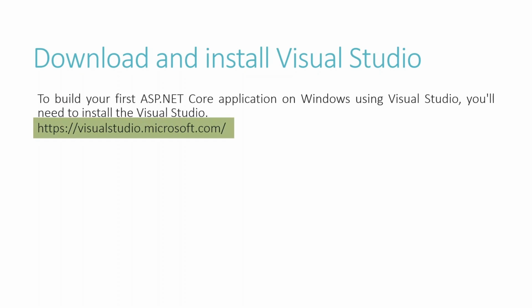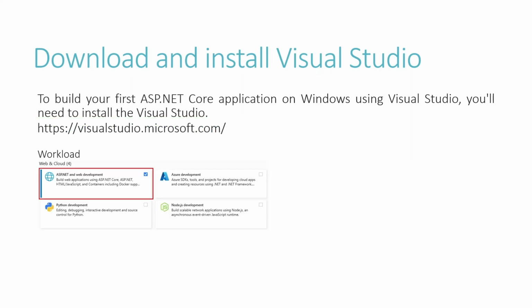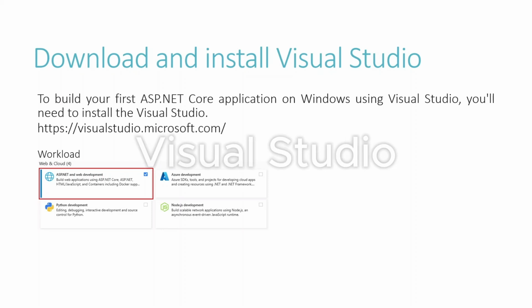You can find the link in the description. For Blazor, all you really need is the web development workload. During installation, select the ASP.NET and web development workload. I already have it installed on my machine. Let's go ahead and launch it.